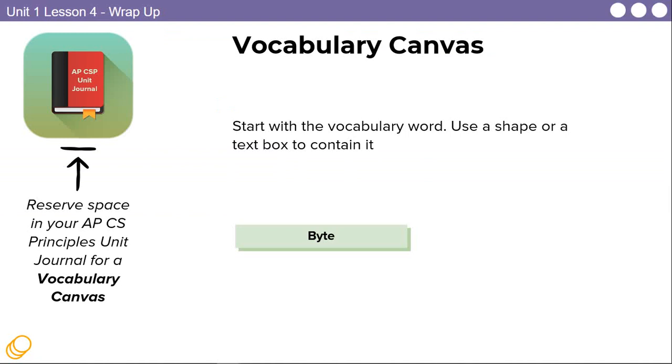So just to reiterate, our byte is set up to where 8 bits gives us a byte, right?